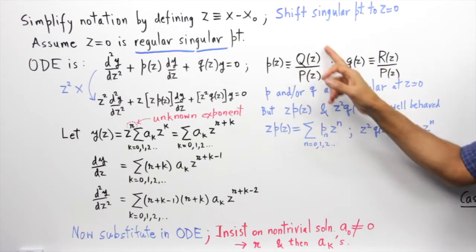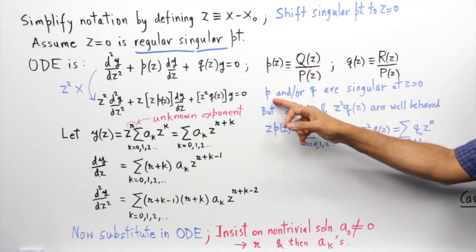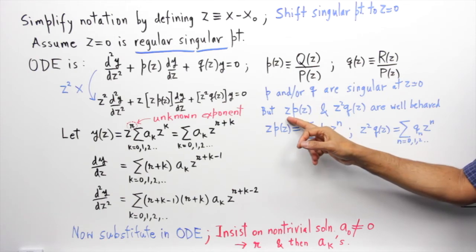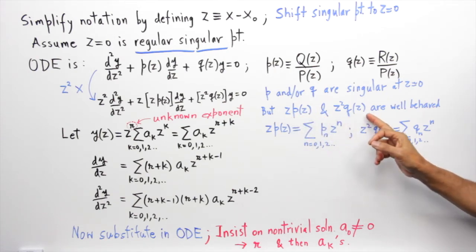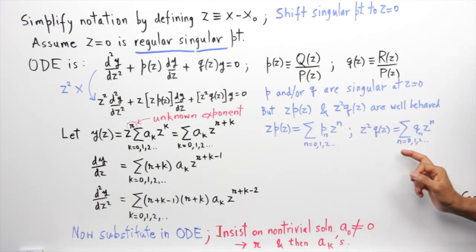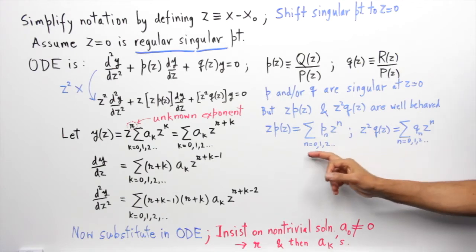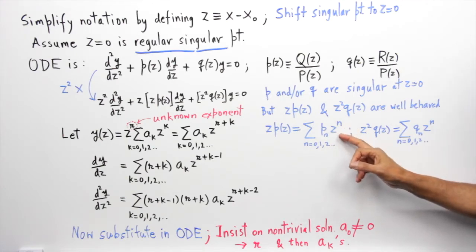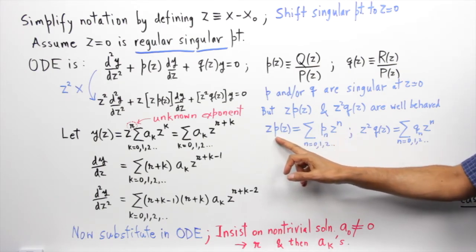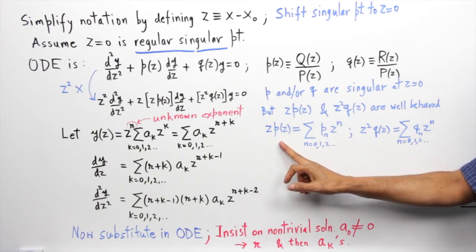P vanishes, and so this ratio is going to blow up, and that's what we mean by p and q both being singular, one or both being singular. But it being a regular singular point means that z times p of z and z squared times q of z are not singular, they are well behaved, and so they have a power series expansion, a regular Taylor series expansion with integer exponents here. p0, p1, p2 are coefficients of a Taylor series expansion of the product z times p of z.